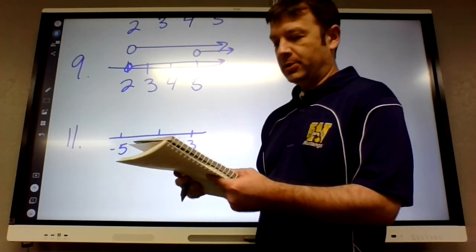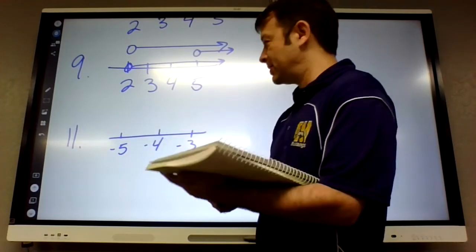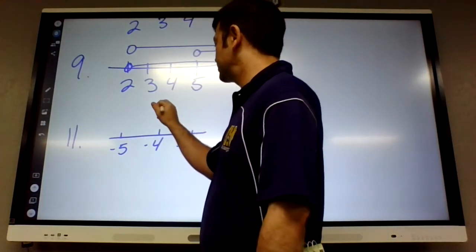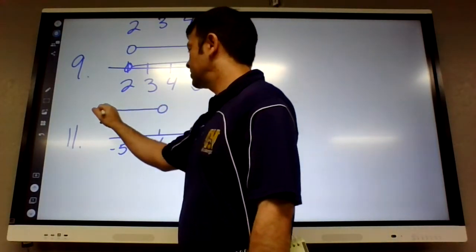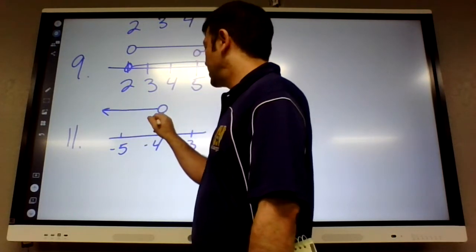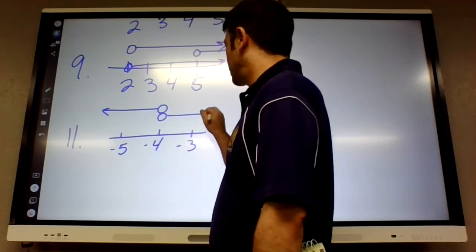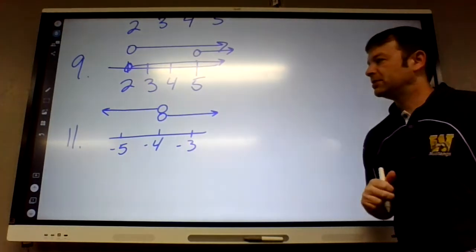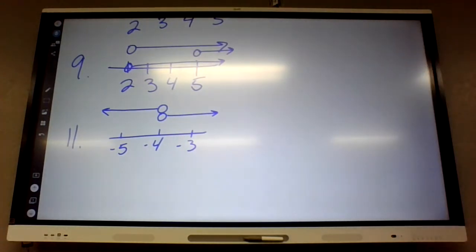Okay, number 11. What does x is less than negative 4 look like? It looks like this. And x is greater than negative 4. Okay, if you connect those with an or, what does it make? An open circle on negative 4 going both directions.